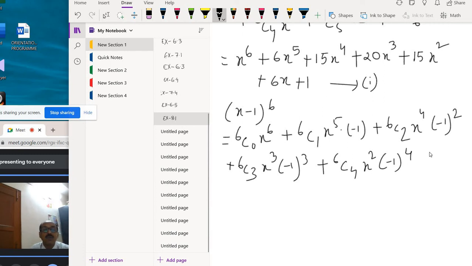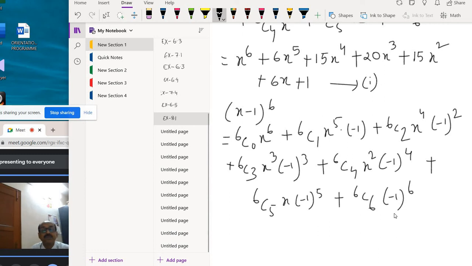Plus 6C5 x into (minus 1) to the power 5. Plus 6C6 into (minus 1) to the power 6.